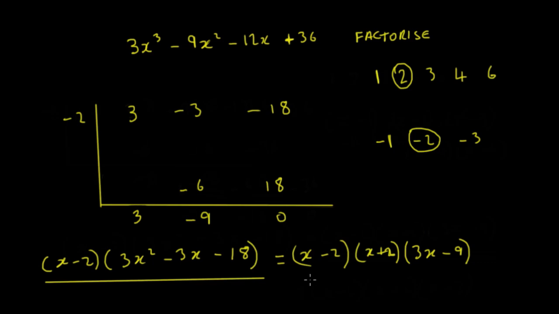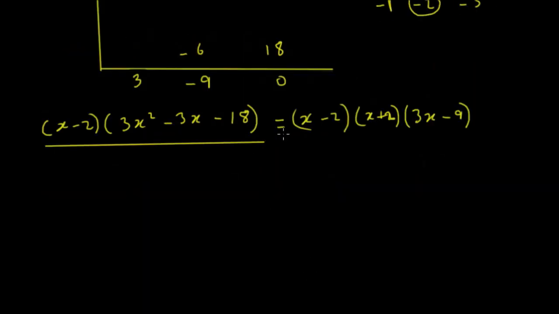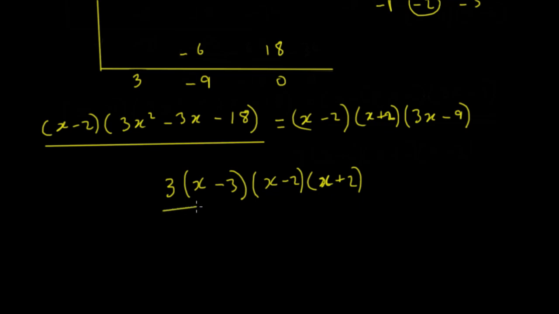I'll pull it down a bit so we can see better. We could take the factor of 3 out of this, so we would have 3 times x minus 3 for that term there, and we would be left with x minus 2, x plus 2. So that there is the equation above fully factorised.